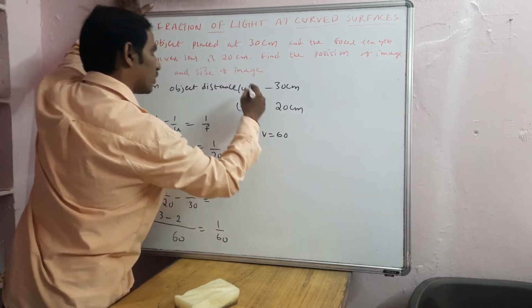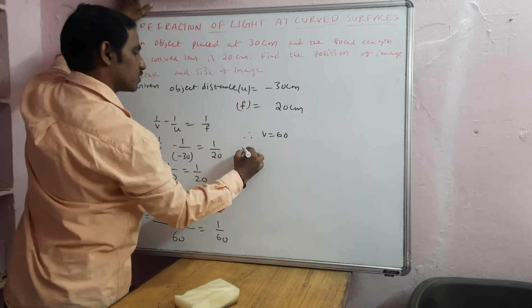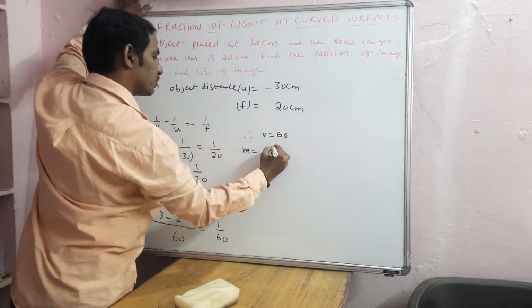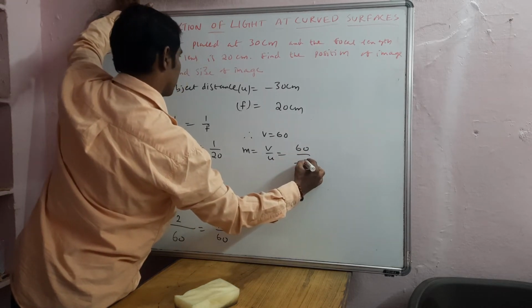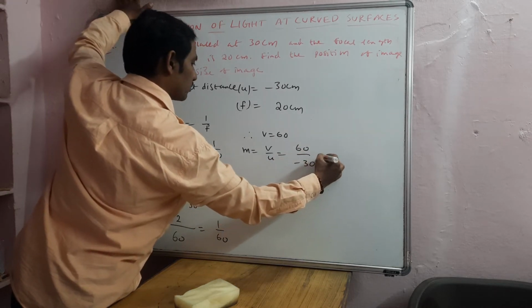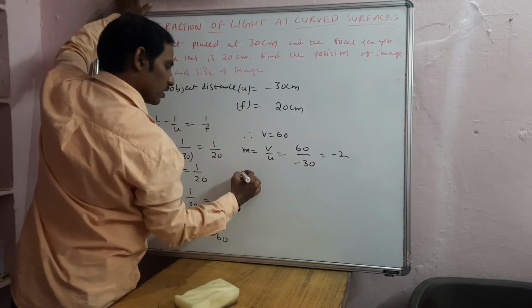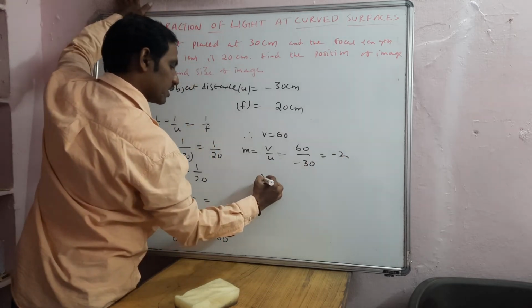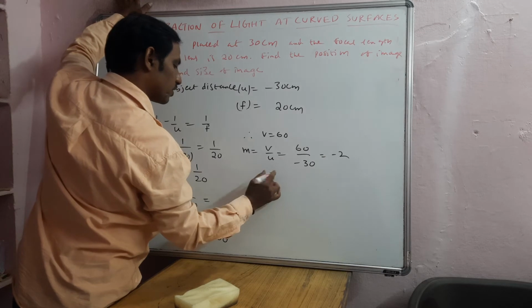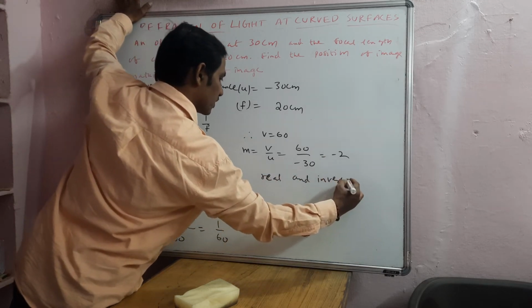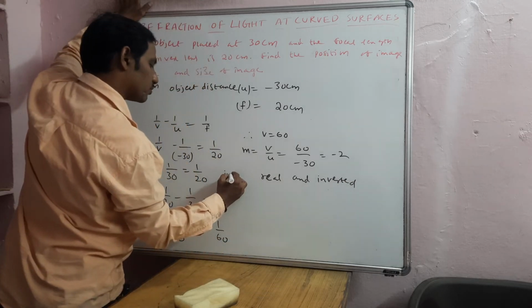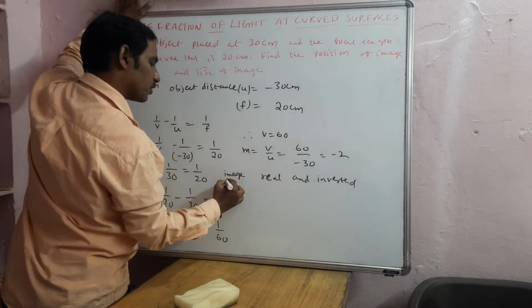You can write that. And what is the nature of image? You have to take the formula M is equal to V by U. So 60 by minus 30, you got minus 2. So it means that the image formed is real and inverted.